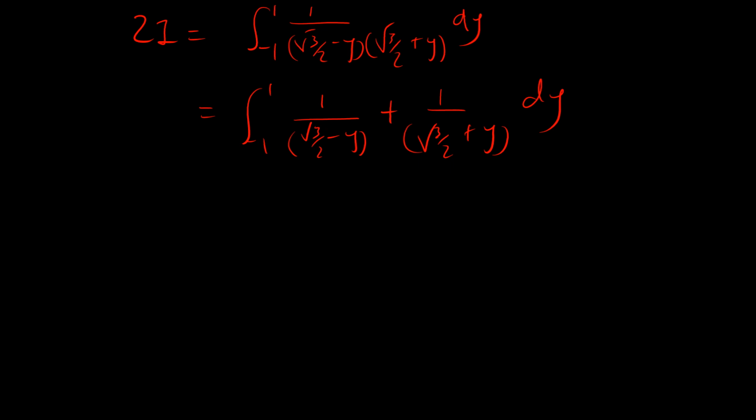So we have 2 times that. So in order to cancel that, we have to multiply by the square root of 2 over 3 to get the same thing.